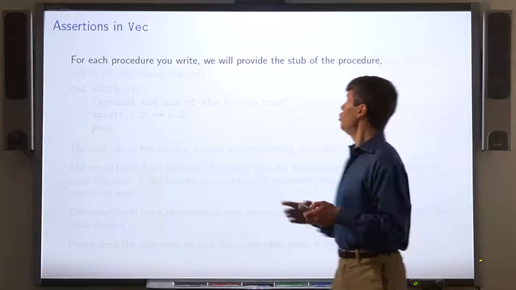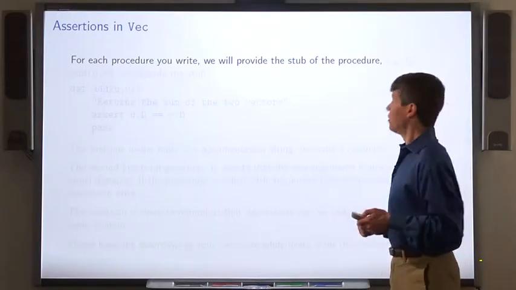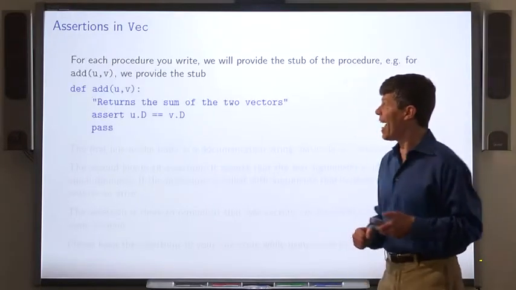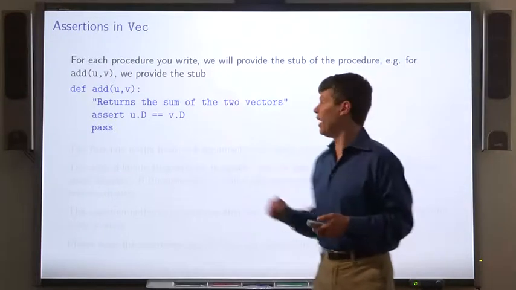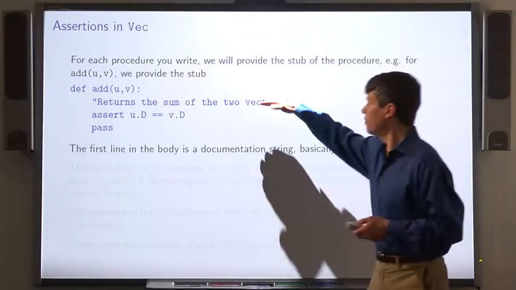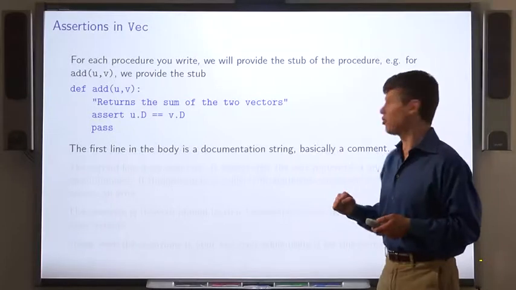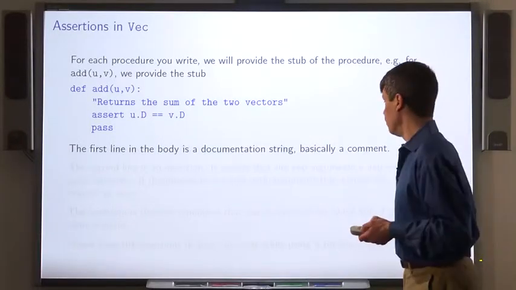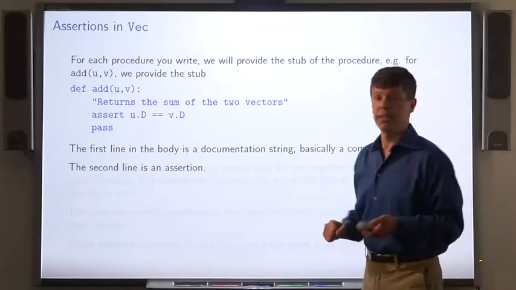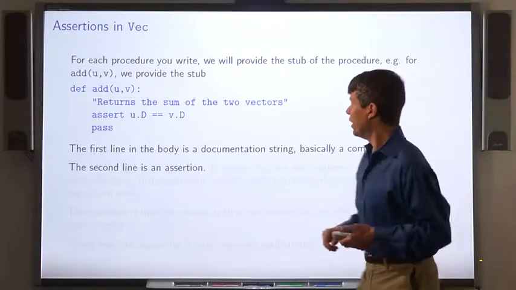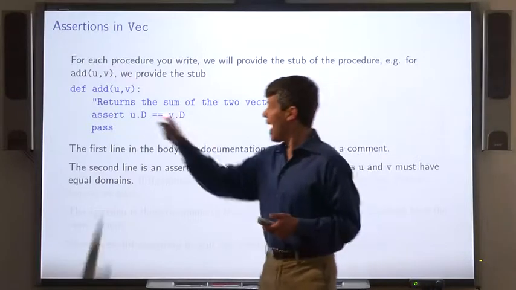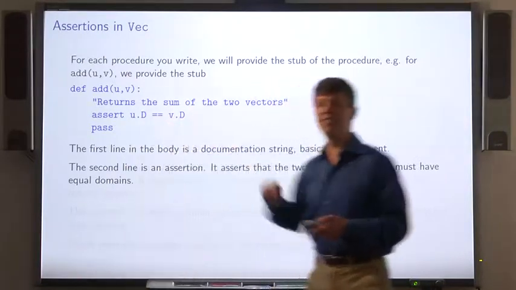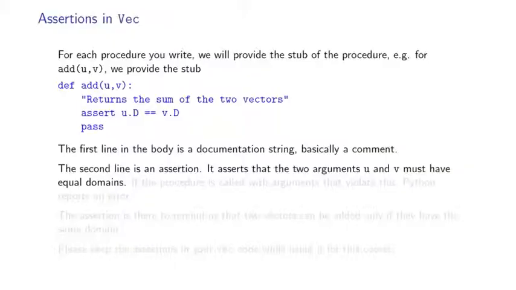For each procedure you write, we'll provide the stub of the procedure. So for example, for add, here's the stub we provide. Now, this first line is a documentation string. It's basically a comment that tells us what the procedure is supposed to do. The second line is an assertion. It asserts, in this case, that to add two vectors, the domains have to be equal sets.